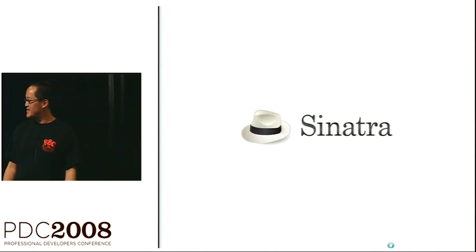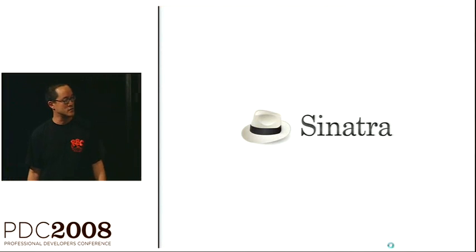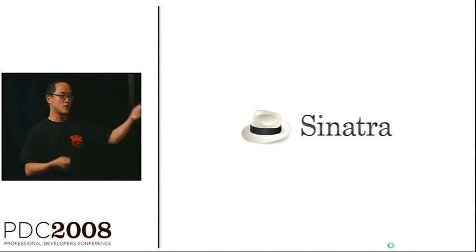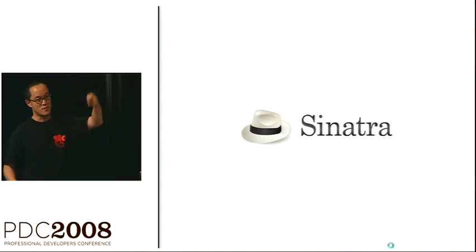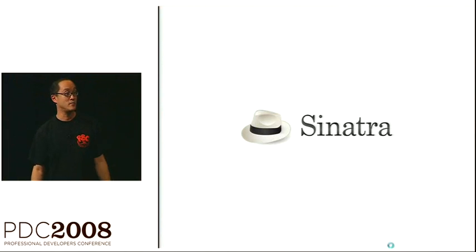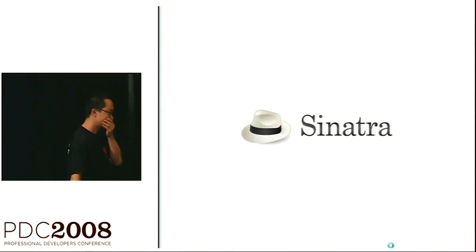Sinatra is about 1,400 lines of Ruby code, thereabouts. The interesting thing that you'll see is it harkens back to this simplicity theme. We're going to build a web service entirely inside of one file, and we're going to be able to run the service and interactively edit it while we're writing the code. So you get this no-compile experience. You don't have to stop the service, compile it, and start it back up. I can just edit it live as I'm building my service.